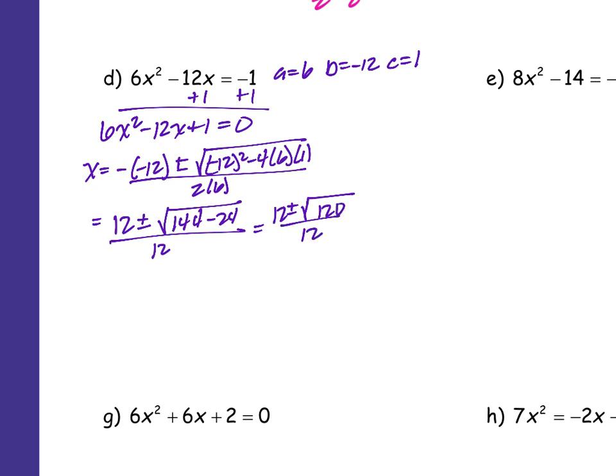Well, 120 is 4 times 30. So that means this becomes 12 plus or minus 2 root 30 divided by 12, which is divisible by 2. So 6 plus or minus root 30 divided by 6.